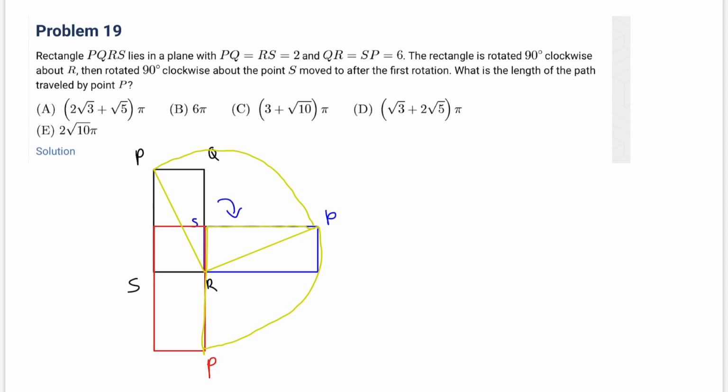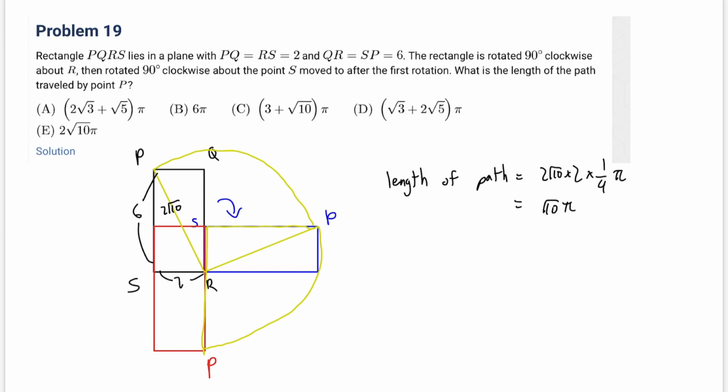Since PQ and RS are 2 and QR and SP are 6, this is 6, this is 2, so this length would be 2 root 10. The length of path is 2 root 10 times 2 times 1 over 4 pi, so this is root 10 pi.